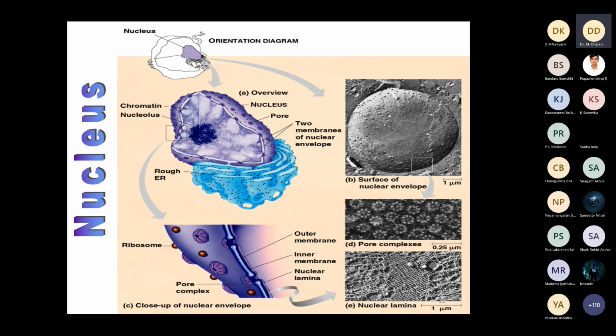This is what provides support to the nucleus. Understood? In the case of the cell, I have told you about cytoskeletons, microtubules, microfilaments, which provide support to the cell, the cytoplasm as a whole. But in the case of the nucleus, it is the nuclear lamina which is going to provide support.